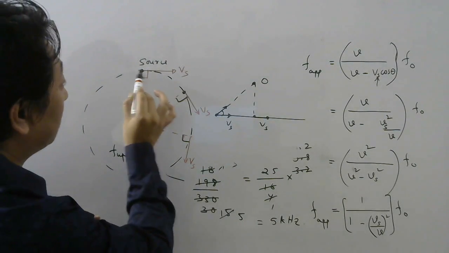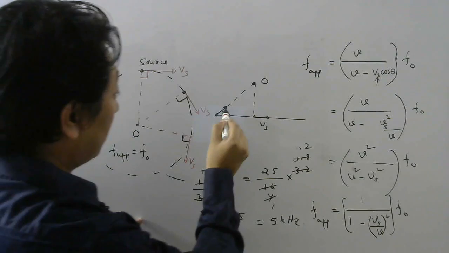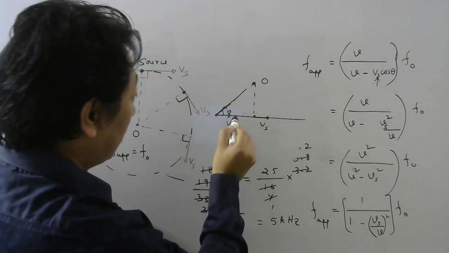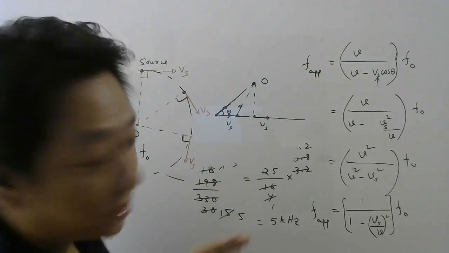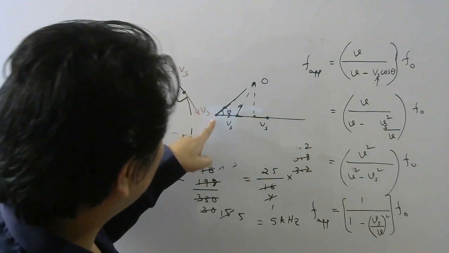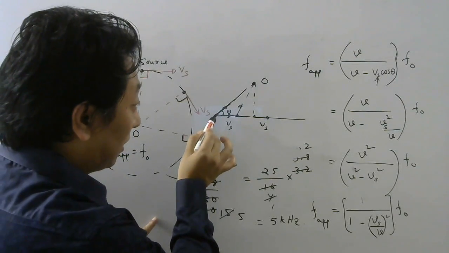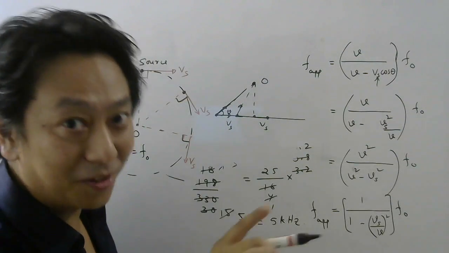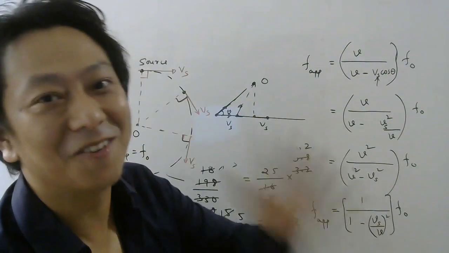Here the component of this velocity along this line is always 0, whereas here there will be some component, and when the source reaches here, that component will change. So please understand, in this problem, though the velocity of the source is constant, the component of velocity along this line, which is important for the Doppler effect, changes continuously, right?